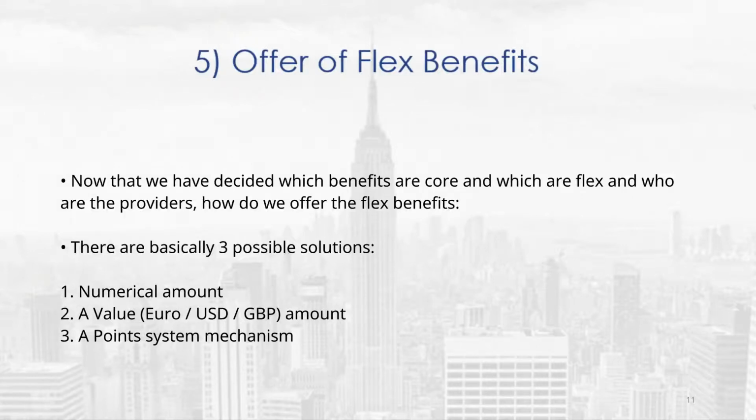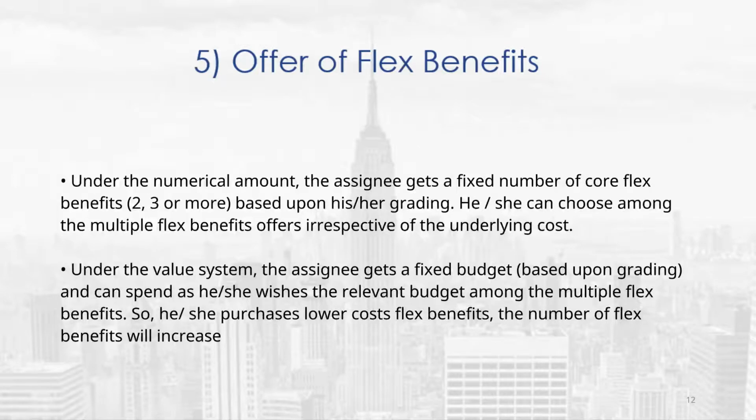Now that we have decided which benefits are core and which benefits are flex, we need to decide how to offer the flex benefits. There are basically 3 possible solutions. 1, a numerical amount. 2, value, either in euros, dollar, or British pound amount. 3, a point system mechanism. Under the numerical amount, the assignee gets a fixed number of flex benefits, let's say 2 or 3, based upon his or her grading.